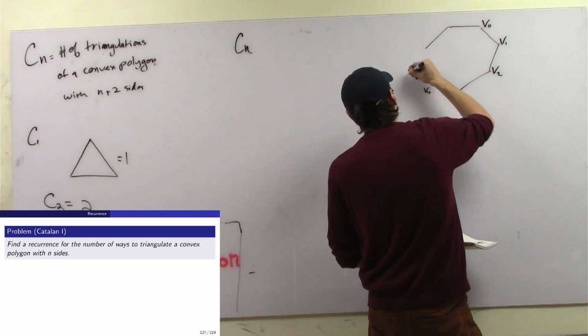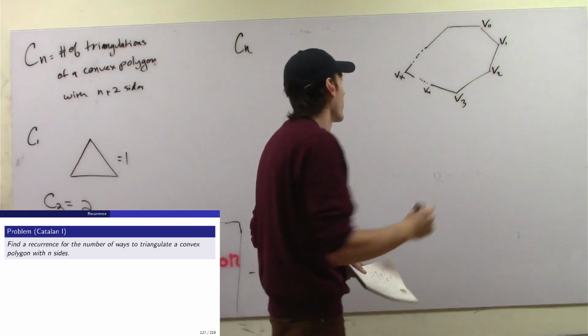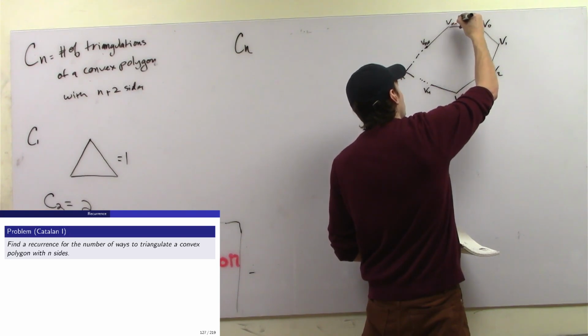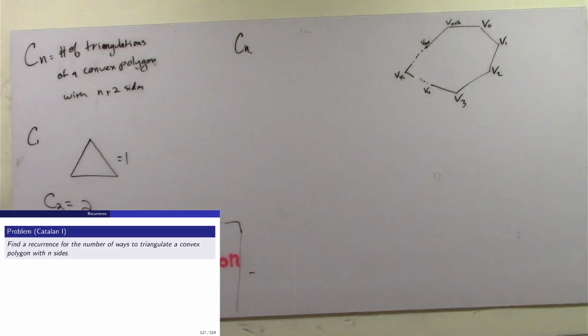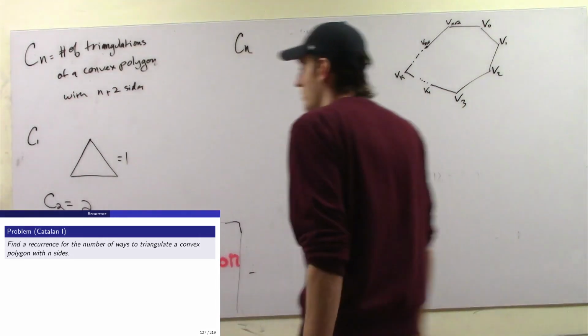Maybe it goes off, and this is vk. It continues in this convex fashion. And finally, this vertex here is vn plus 1, and vn plus 2 is the end. Okay. So I have all these vertices. Now, what goes on?